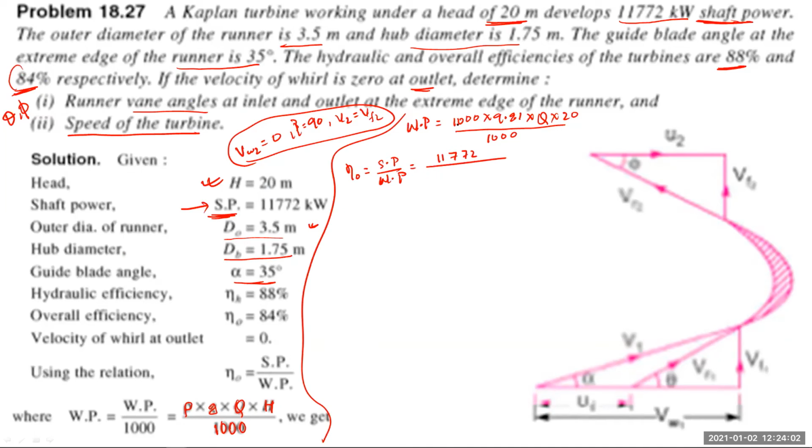Water power I have written, so 1000 and 1000 will cancel out. What is left is 9.81 into Q into H, that is 20, and this equals 0.84. So from here you can get the value of Q. Do the calculation and tell me what you are getting for Q.